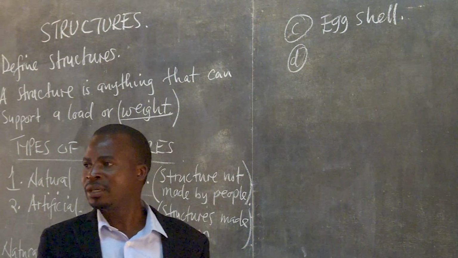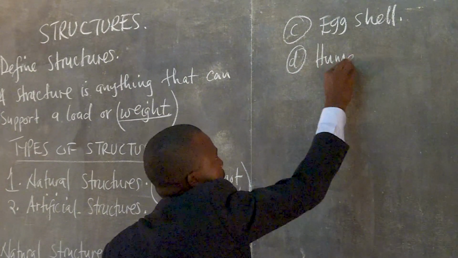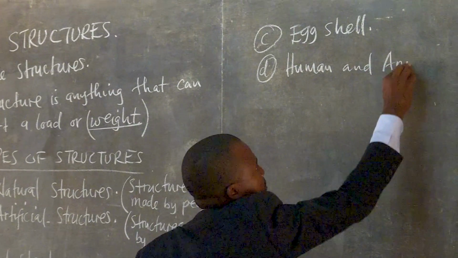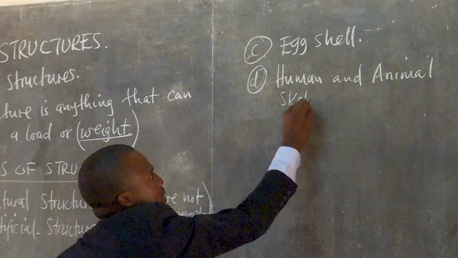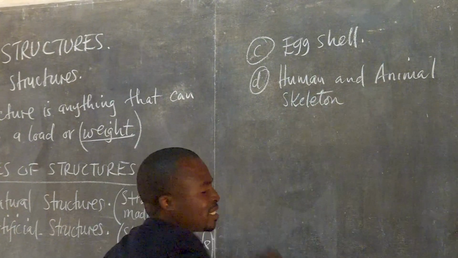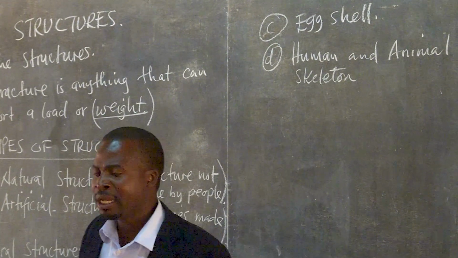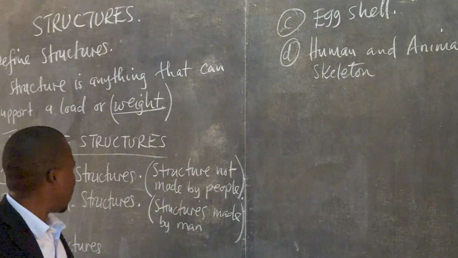Stephen: the human skeleton. Human and animal skeleton. This is also a natural structure. We have so many natural structures, but today we'll just talk about these.